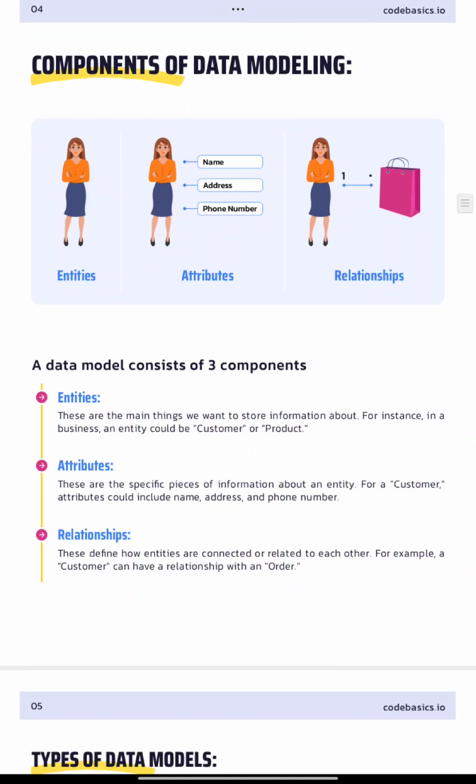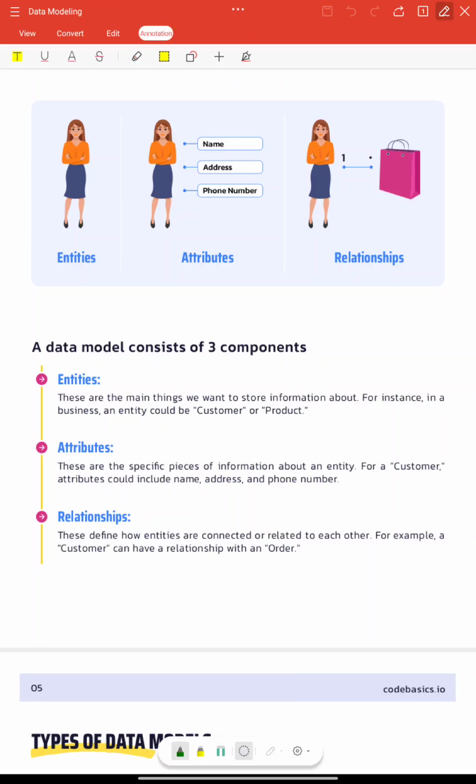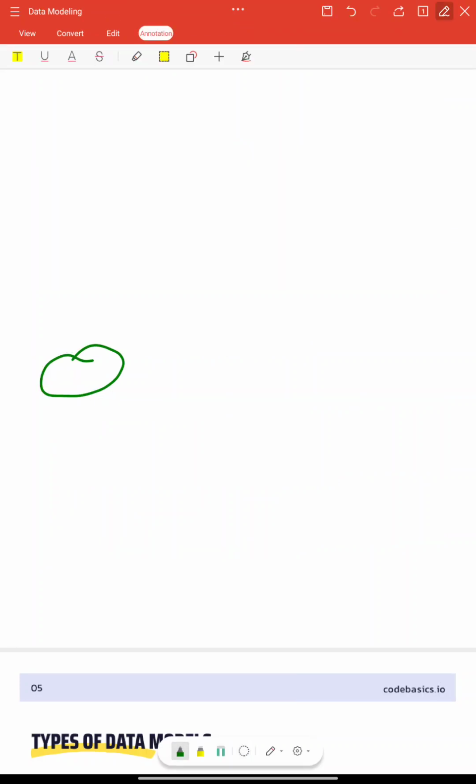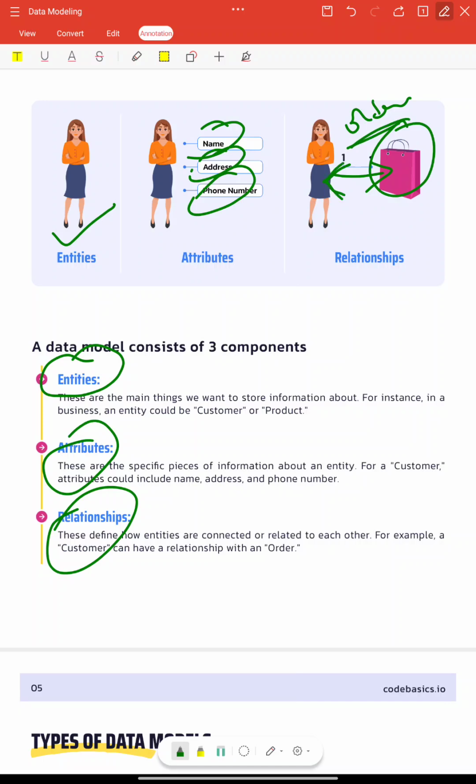We have three things: entities, attributes, and relationships. Entities are nothing but the customers. I am the entity and I have a name, address, and phone number. Now I am putting an order in my bag, and the relationship is the order between the customer and the item.